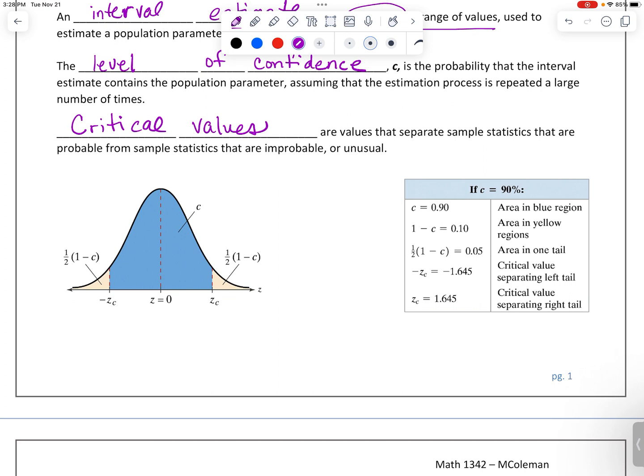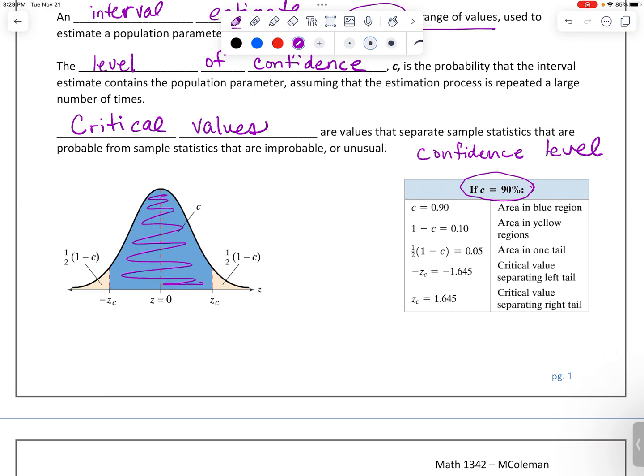Basically, we're looking at several things. So in this example, I see that c is equal to 90%. That c is your confidence level. All right, so c is this blue area right in here.